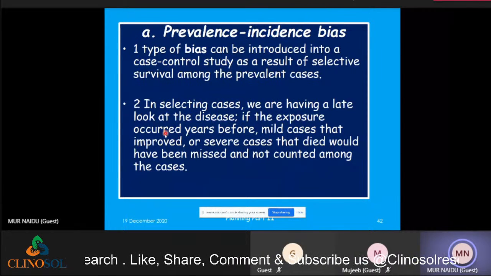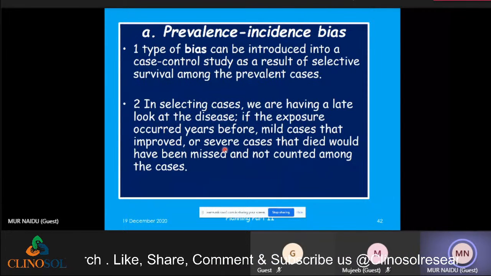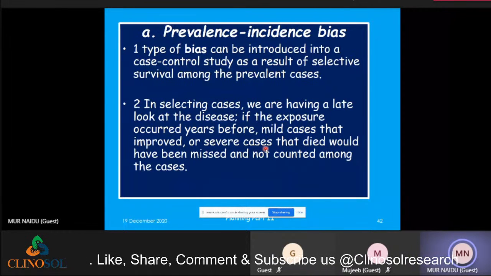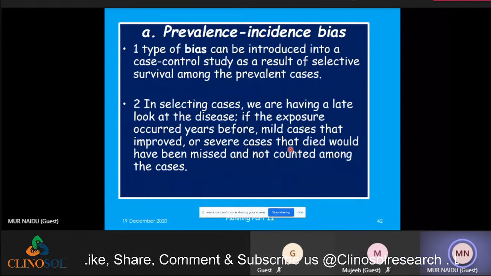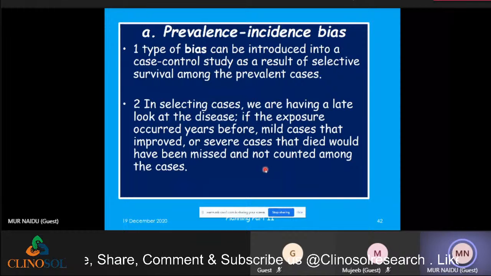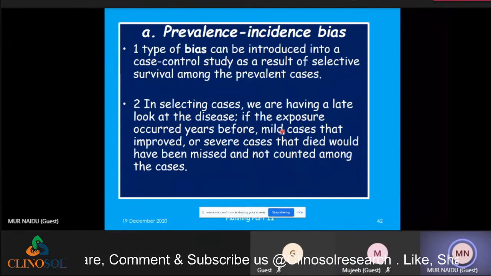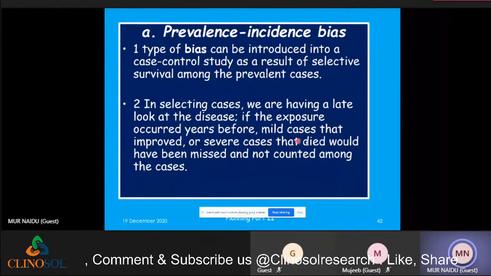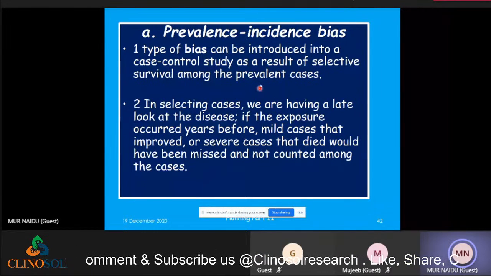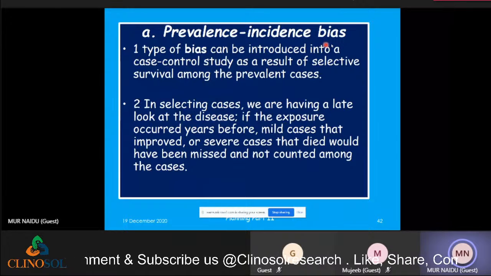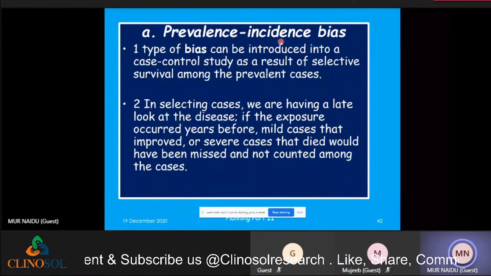You don't get those people, or they are cured. Severe disease people who were there 2 or 3 years ago have already died. Today I'm doing a study with prevalence and incidence. I don't get mild cases, I don't get severe cases, so I will be having a lot of bias in this type of study.